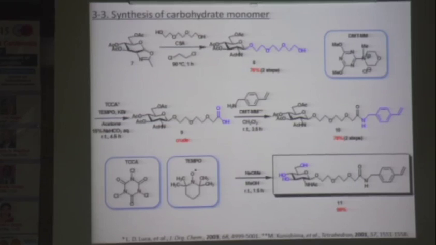The coupling product was temporarily acetylated in order to purify to afford acetate 10 in 78% yield. Finally, quantitative deacetylation was performed for ester 10 to give us the corresponding carbohydrate monomer 11. Since the preparation of glycomonomer 11 was completed, we used the monomer for polymerization.